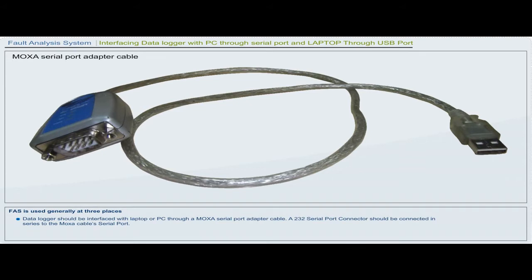A 232 serial port connector should be connected in series to the MOXA cable serial port. For laptops having USB 2.0 type ports, any USB port can be used, and for laptops with USB 3.0 type ports, only eSATA USB ports are to be used for USB to serial connectivity.